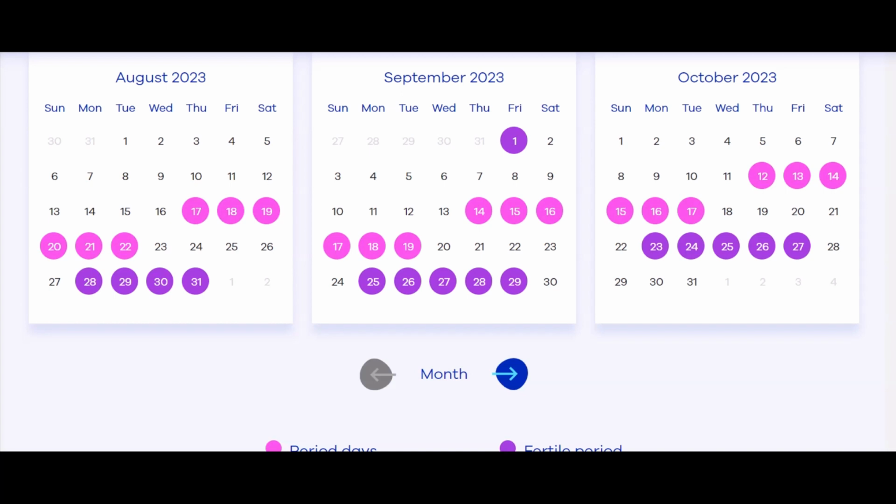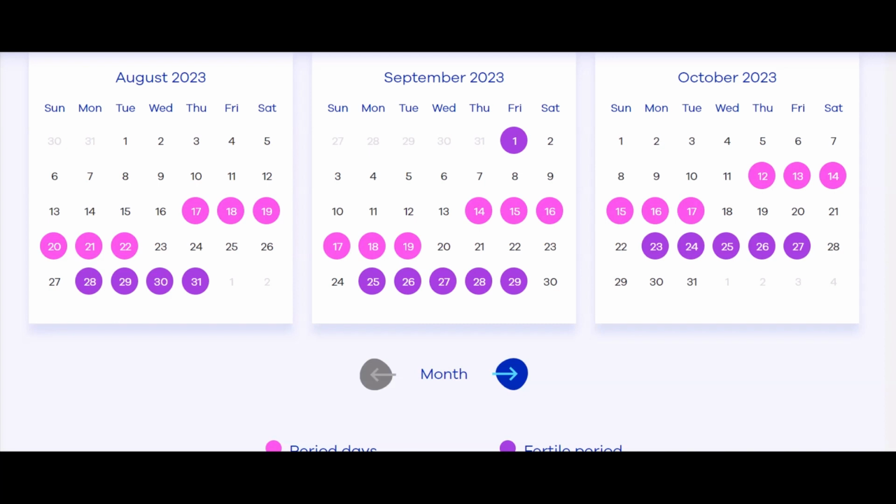Okay, now as I stated earlier, the due date for pregnancy is calculated from the first day of the onset of the last menstrual period. So the first day of the last normal menstrual period, which is the 17th.